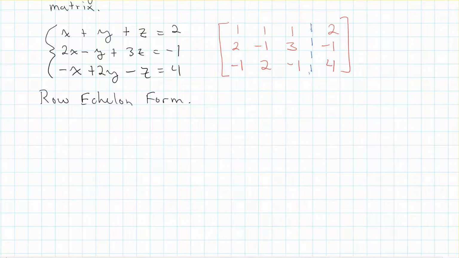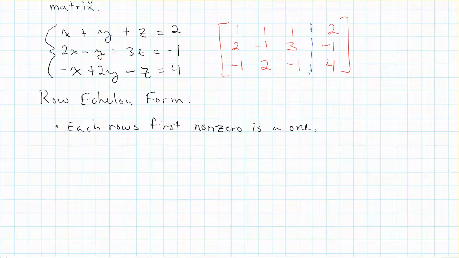Row echelon form has each row's first non-zero term be a 1.